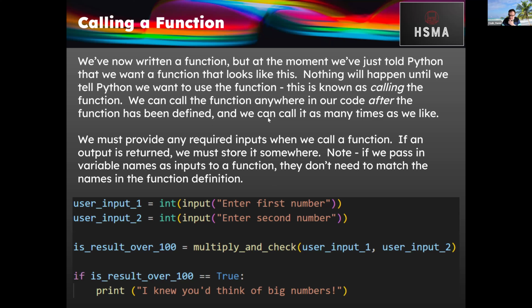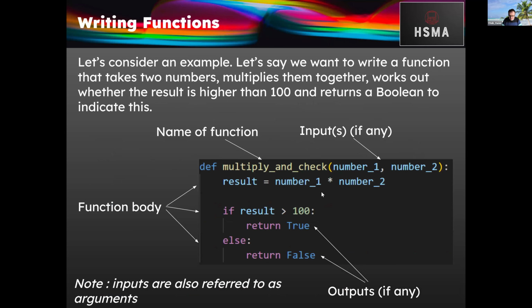However, once we've defined the function, we can call it as many times as we like. We can call it once, we can call it 100 times. Now, when we call a function, we have to give the name of the function to say which function we are calling, but we also have to provide any inputs that we said we needed when we wrote the function definition. If you recall, this one is expecting 2 inputs.